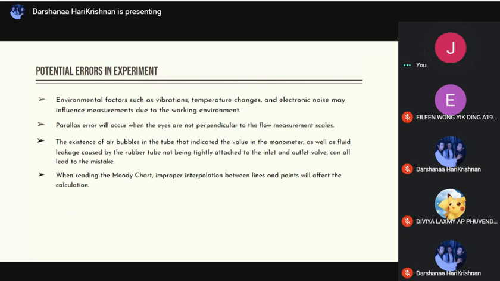Third one, the existence of air bubbles in the tube will indicate the value in the manometer, as well as fluid leakage caused by the rubber tube not being tightly attached to the inlet and outlet valve. This all can lead to the mistake. The last one we have, when we read the Moody chart, improper interpolation between lines and points can affect the calculation.